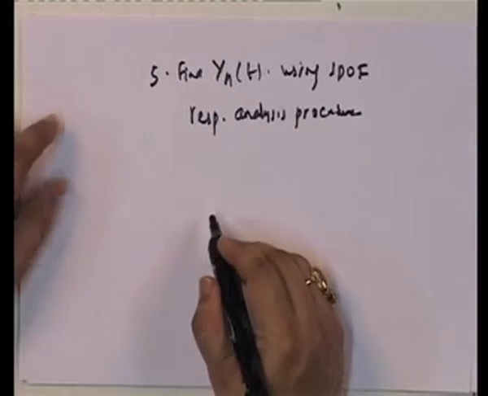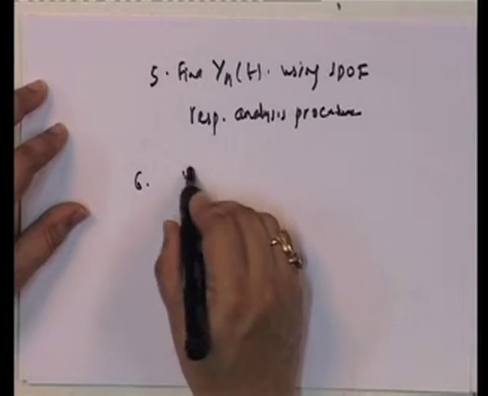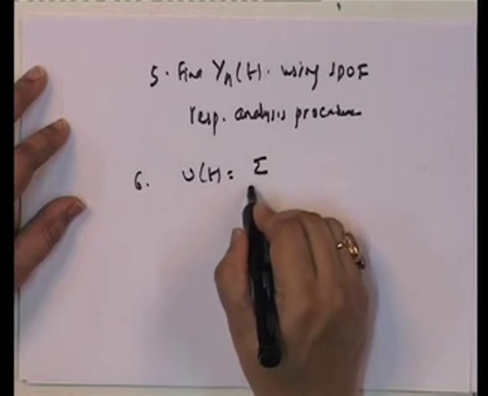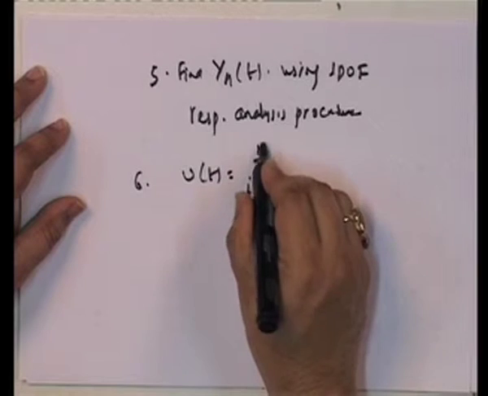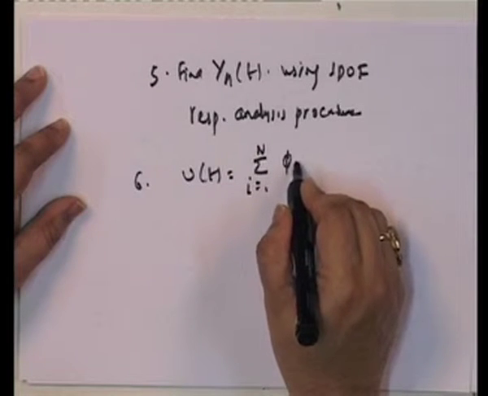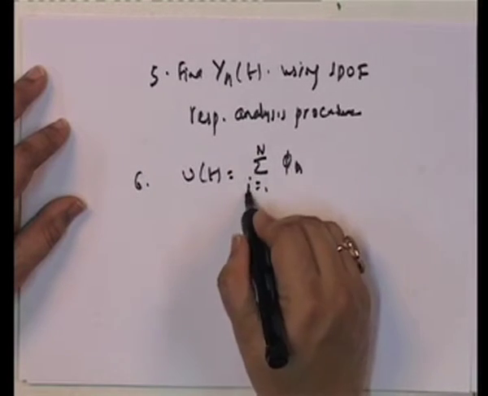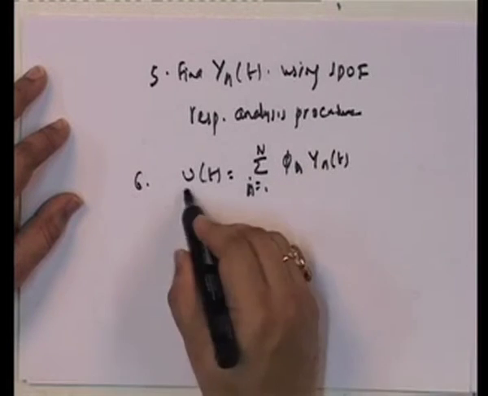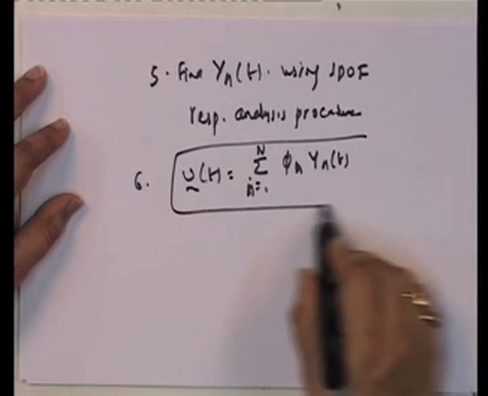So, find yn of t. Once you find yn of t, v of t is equal to the summation, i going from 1 to n, of phi n, sorry, this is phi n, times yn of t. That gives you your displacement.